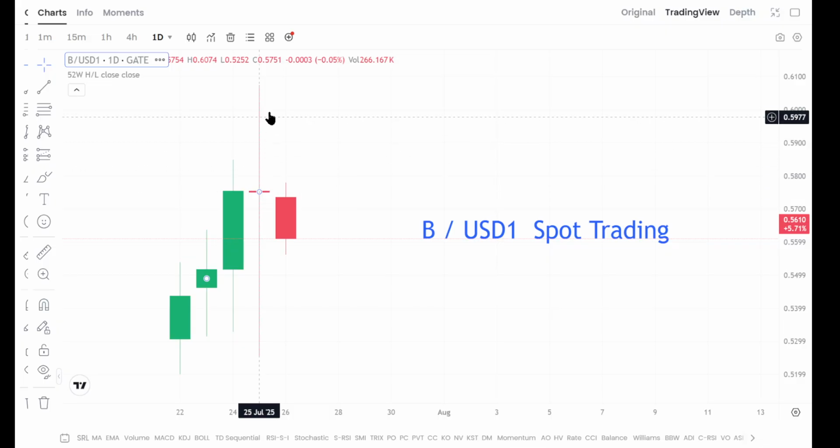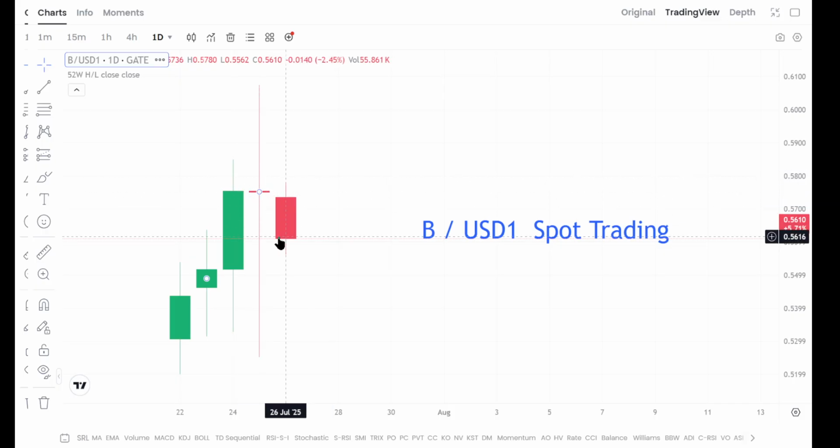The market price first went up to this point, then went down, and then increased and was closed at this point. Or it can be possible that the market price first went down, then increased to this point, then again went down and was closed at this point. So this is a doji candlestick.